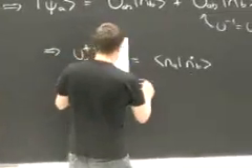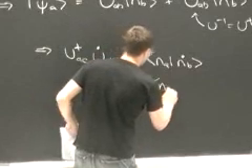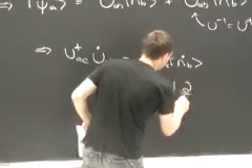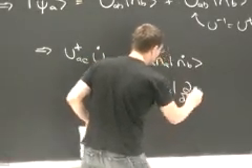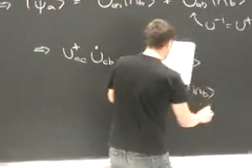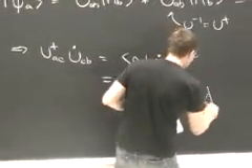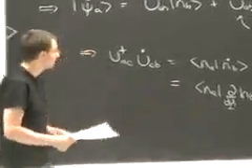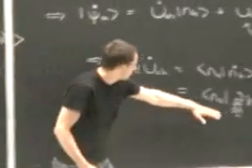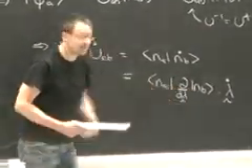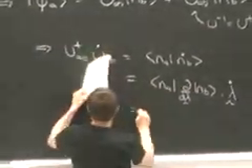So I can just expand this as follows. And then what I'm going to do is just call this object that sits here a name.